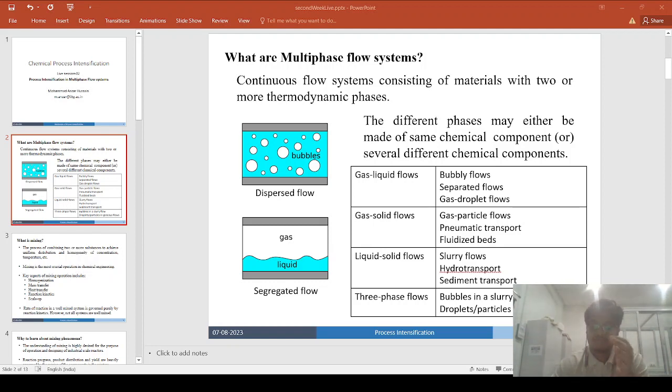In the scrub towers, you want to absorb certain chemical species from the gaseous phase by using a liquid solvent. For example, in carbon capture or carbon sequestration, you want to capture the carbon dioxide present in the air by using some liquid solvent which has much higher affinity for carbon dioxide than the air itself.